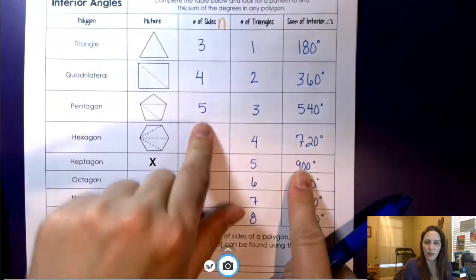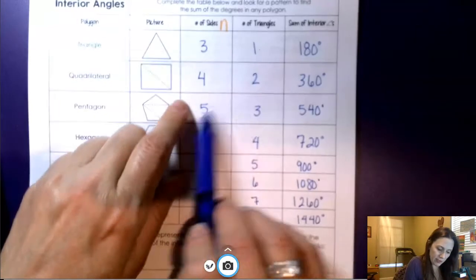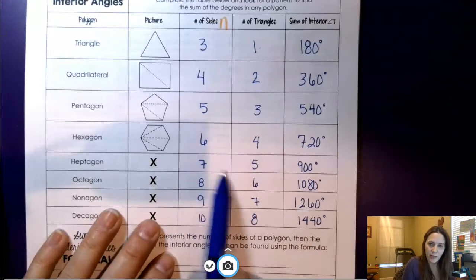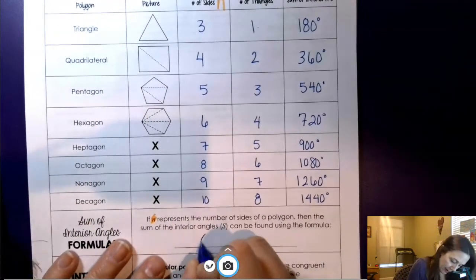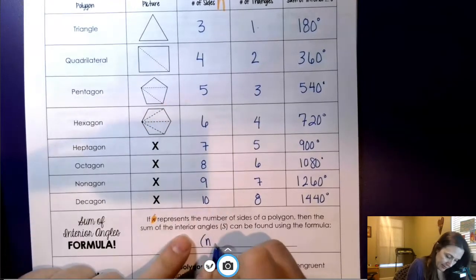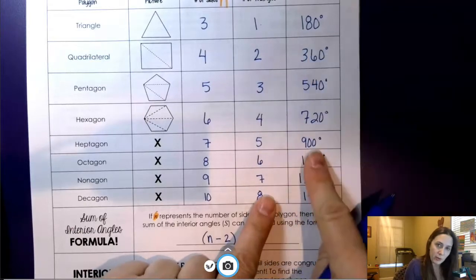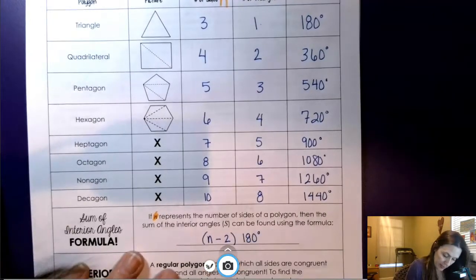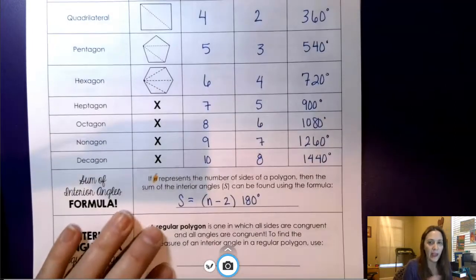Well, first, what happens in each of these cases? Can you see this relationship? These numbers have a difference of 2. So if I take n, my number of sides, and subtract 2, I get this number, then I'm going to multiply it by 180 degrees. This is my formula for the sum of the interior angles of any polygon.